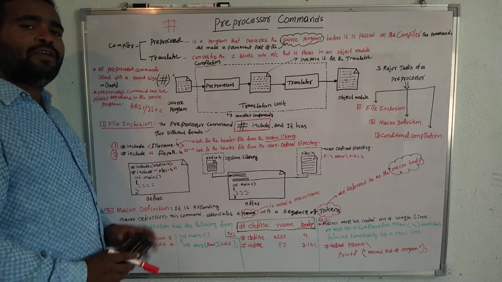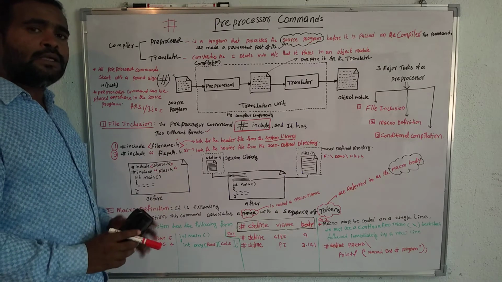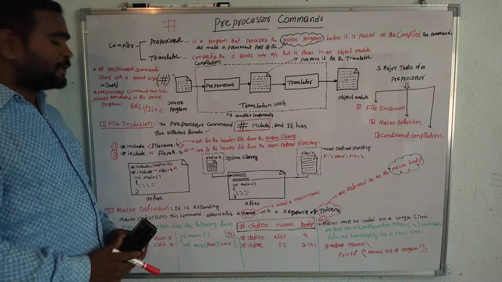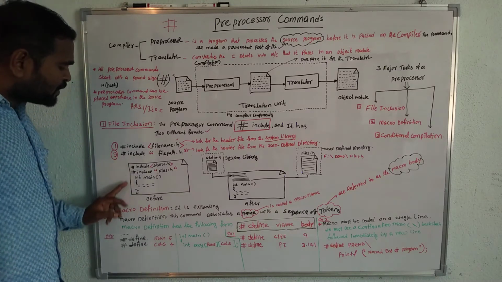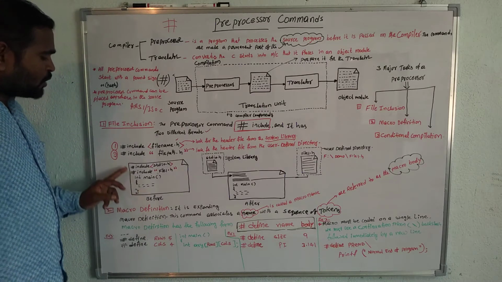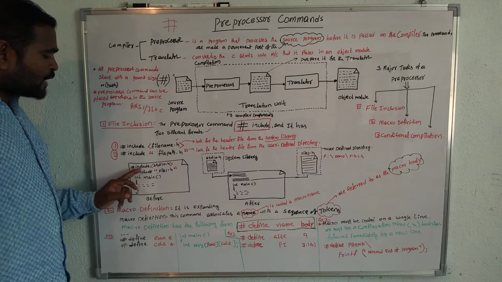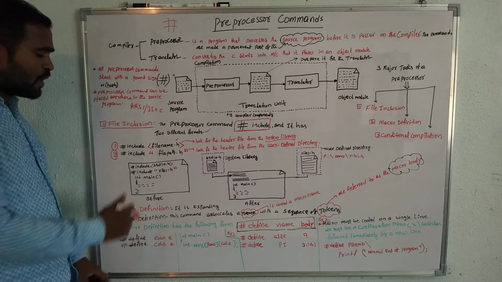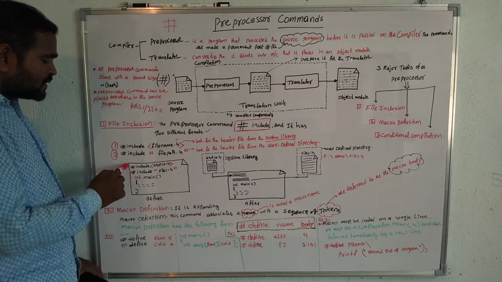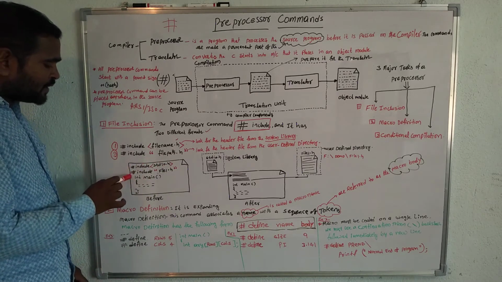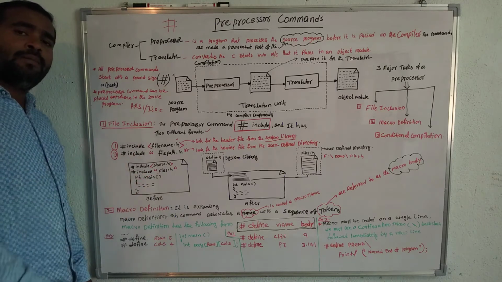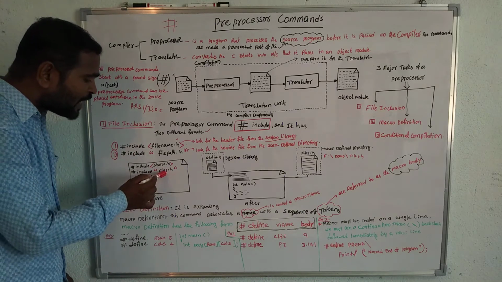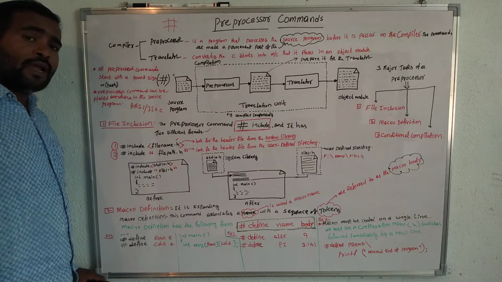That is the difference between angle brackets and double quotation marks. So please observe this diagram. In our C program, hash include within angle brackets stdio.h is the first step, and the second one is hash include within double quotation marks, where I mention file1.h.